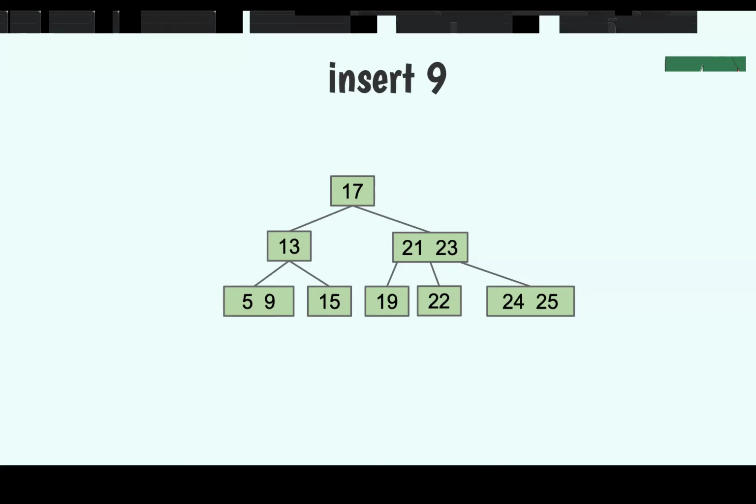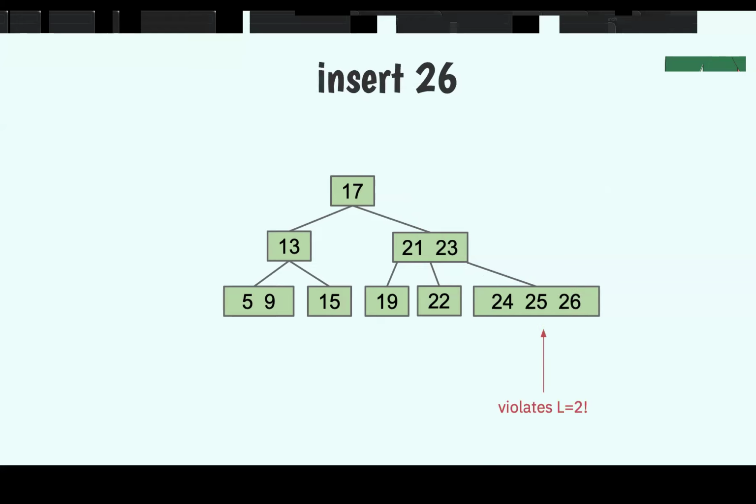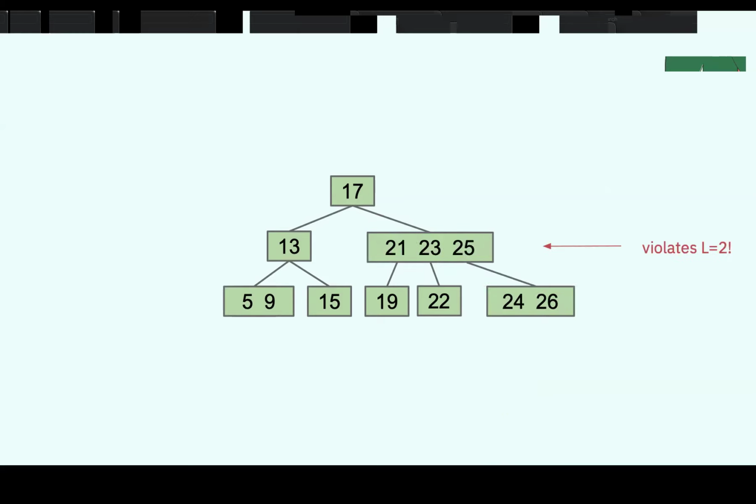Then going on, let's now insert 26. We follow the same rules to insert 26 all the way to the right because it's the greatest node. But now we have this node that has 3 values in it, which violates our limit of 2 values per node. So we promote the middle value and bring it up to the next level. 25 is going to move up, and now it's in the same node as 21 and 23.